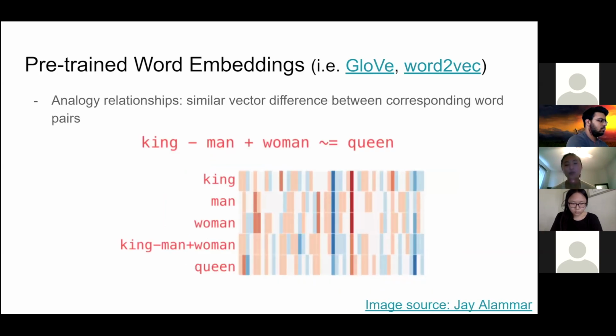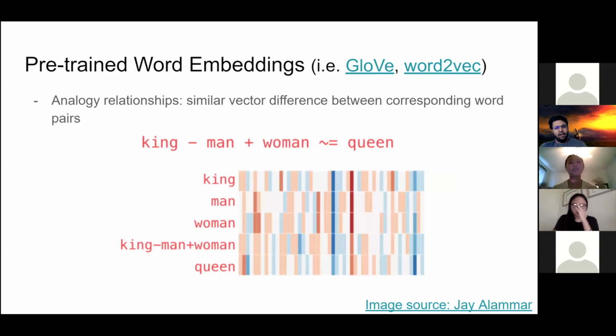Furthermore, in addition to giving similar words similar embeddings, you can also pick out analogy relationships with word vectors. This means that a similar vector difference will exist between corresponding word pairs.